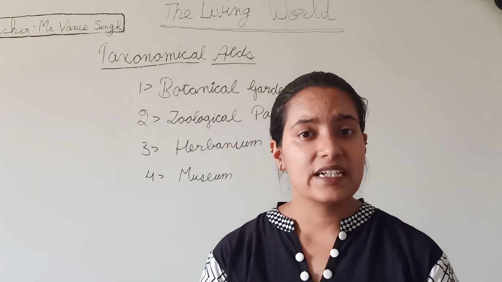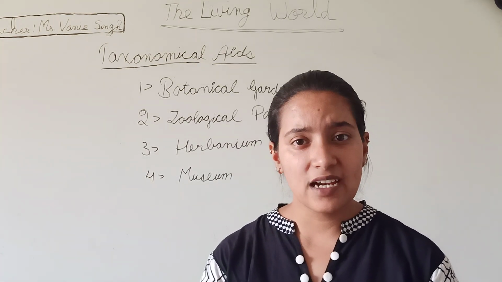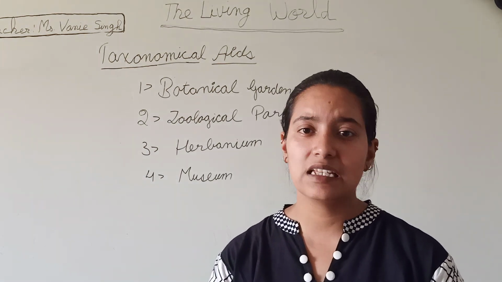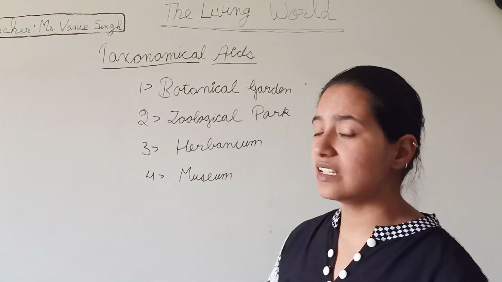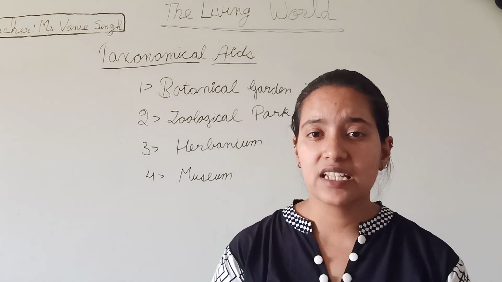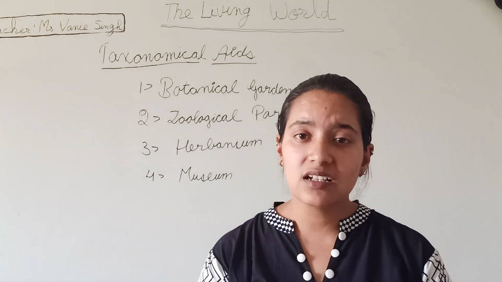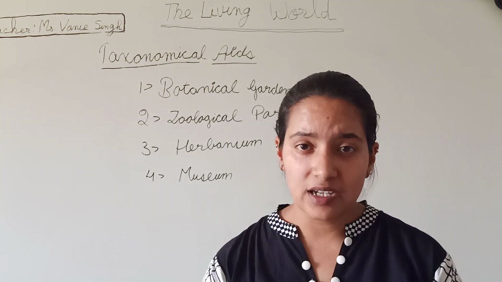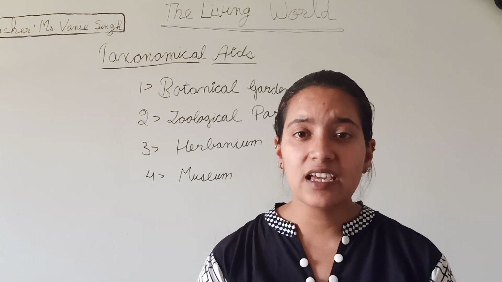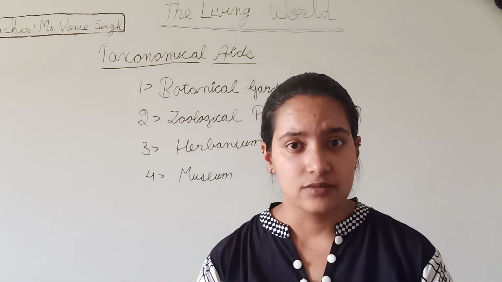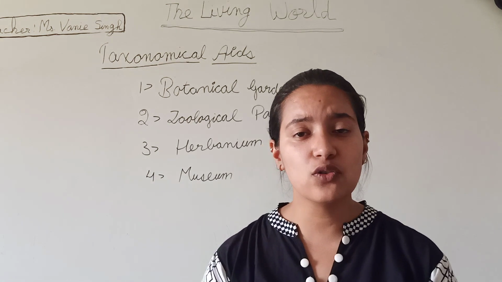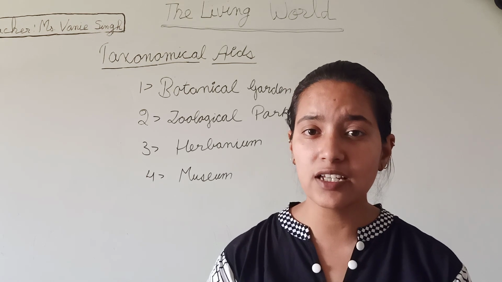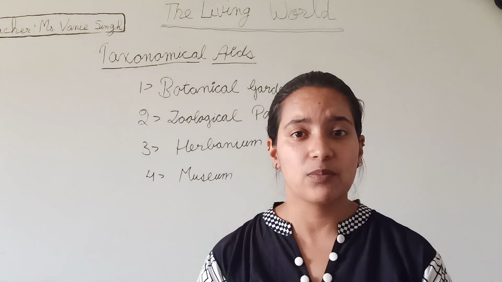So for taxonomy there are some aids. So let's see what the aids are. First, botanical garden. What is a botanical garden? A botanical garden is a place where a variety of plants are kept. Next point, it is used for scientific study and to educate people.